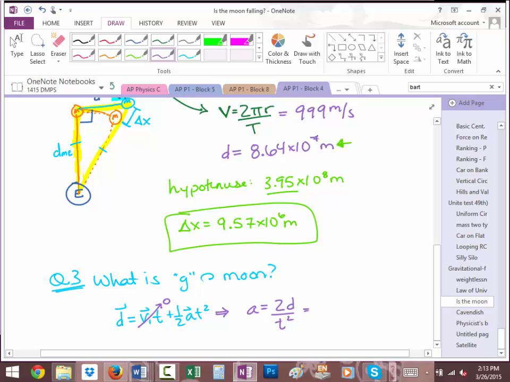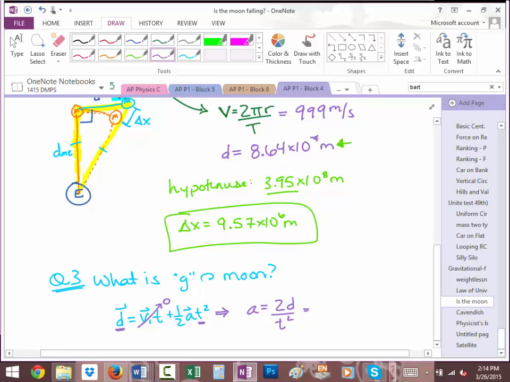And the d is the delta x, because this is how far it falls in 24 hours. And the acceleration due to gravity at the location of the moon is larger or smaller or the same? Smaller by quite a bit, right?